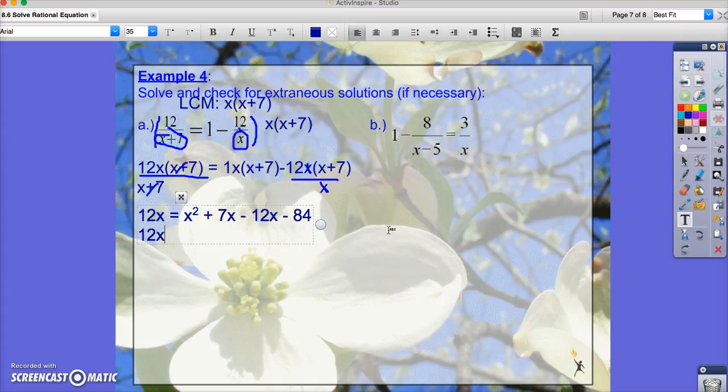All right, so 12x equals x squared minus 5x minus 84. Bring over 12x: x squared minus 5x minus 12x. I'm going to factor.